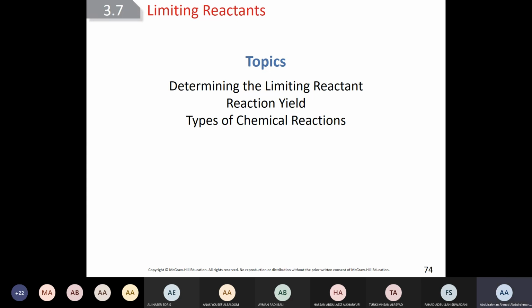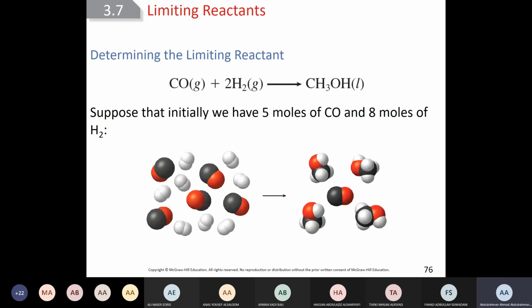Limiting reactant. I will explain limiting reactant to you in a while, and we will come back to this one. Let's look at this chemical reaction: CO plus 2H2 to give you CH3OH. This is carbon monoxide, this is hydrogen, and this is methanol, an alcohol. When you see a chemical reaction like this one, what do you understand right away?